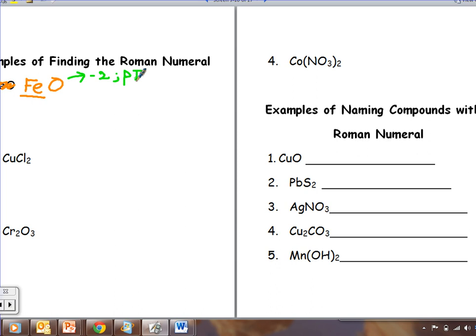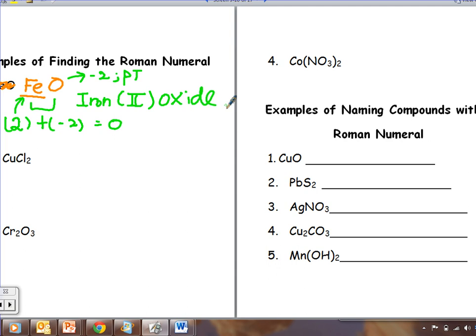When you add the total negative charge to the total positive charge, they have to add up to 0. So if I have oxide that's -2 charge, iron has to be +2. So the charge of iron here is going to be 2. When I write the formula, I have iron(II) oxide. Yes, write the parentheses.